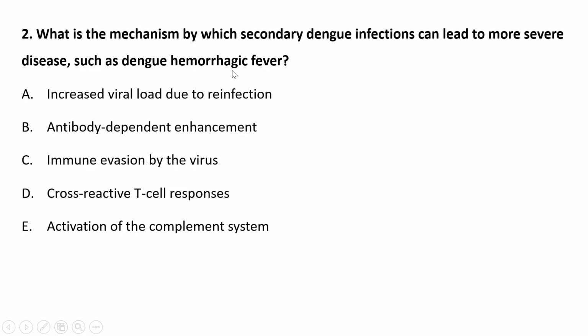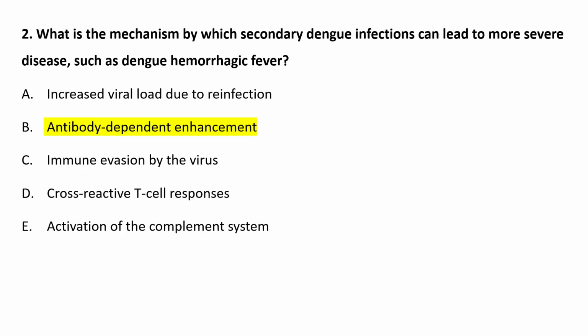The next question was, which is the mechanism by which secondary dengue infection can lead to more severe disease, such as dengue hemorrhagic fever? Antibody dependent enhancement. In secondary dengue infections, the immune response is influenced by pre-existing antibodies from a previous infection.